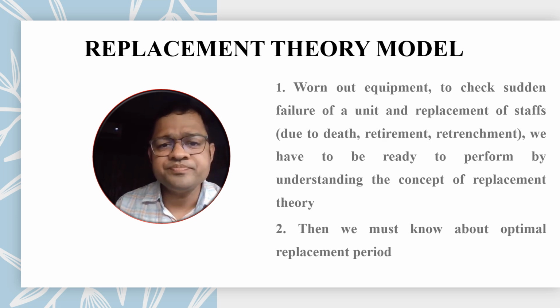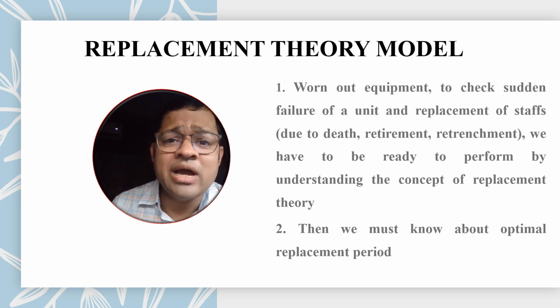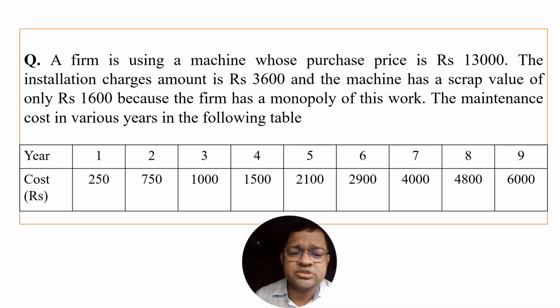Let's discuss one question on how you can take decisions in replacement management, or replacement model theory, in operations research. The question is: a firm is using a machine whose purchase price is 13,000.